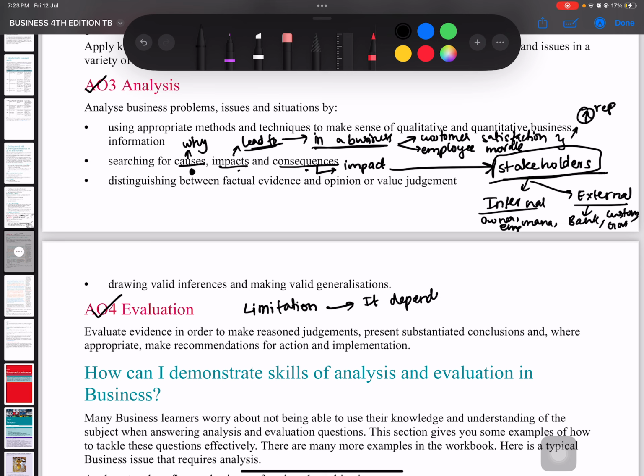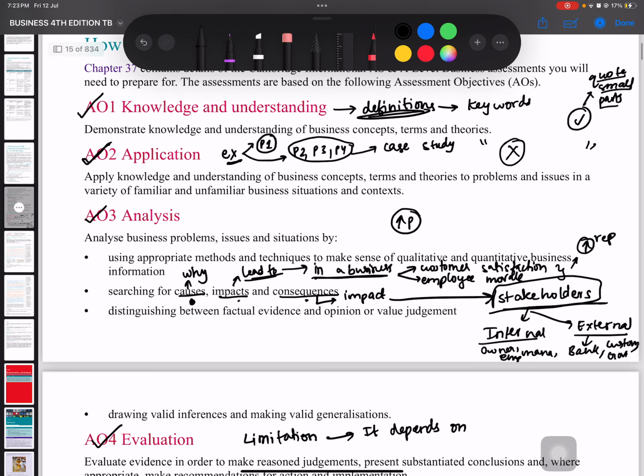So for example, if a business increases their price, the analysis would be, why would they increase their price? So that if they increase the price of their goods, they can add the extra money to their future goals, right?